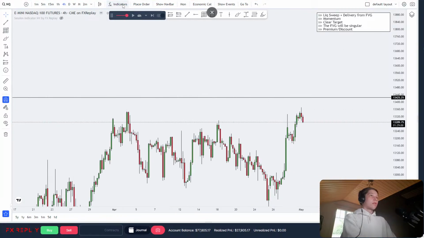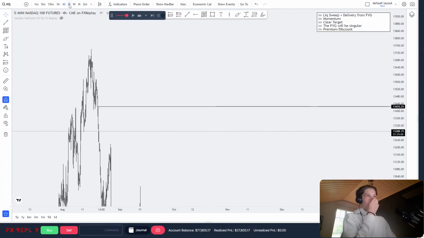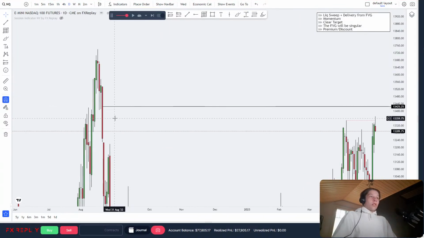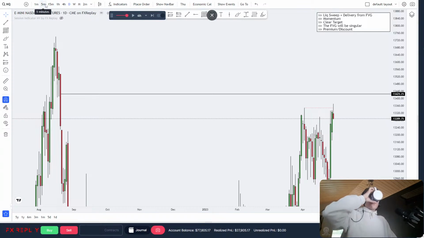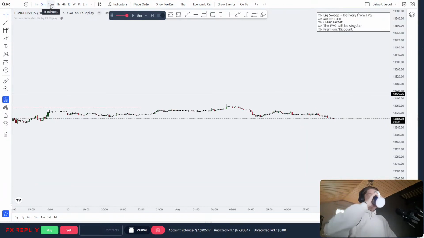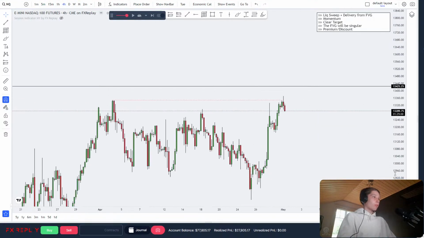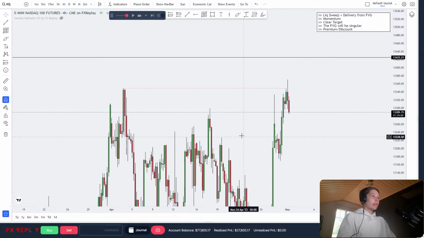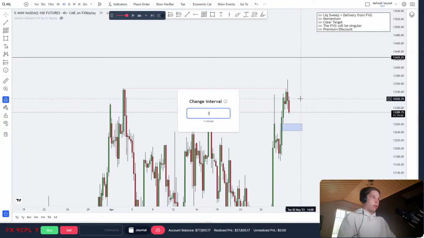Okay, let's move again. This high swept. There's still the 4-hour fair value gap we haven't tagged into. If we wanted to get longs, I would want the price to fall down here.